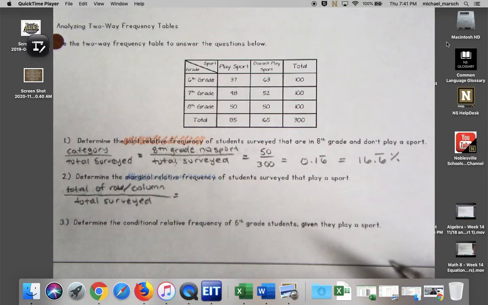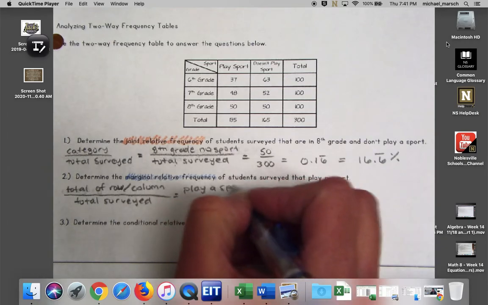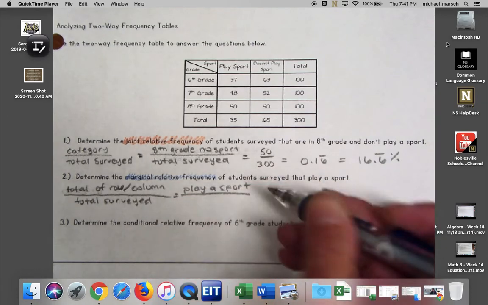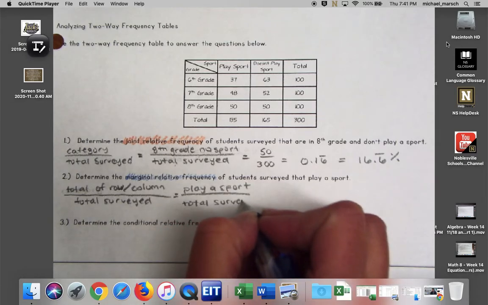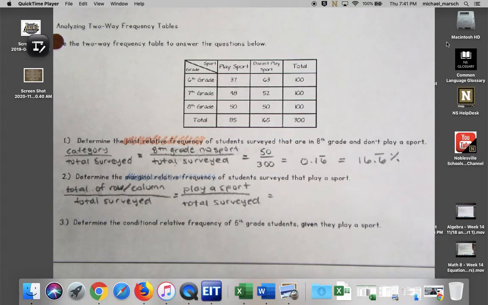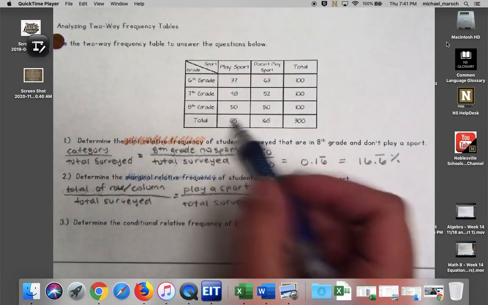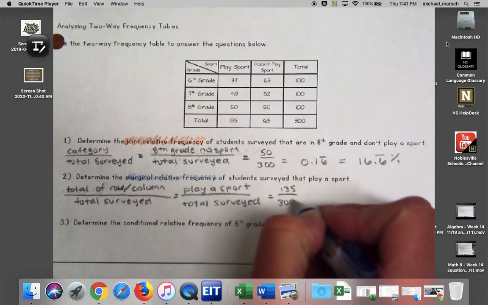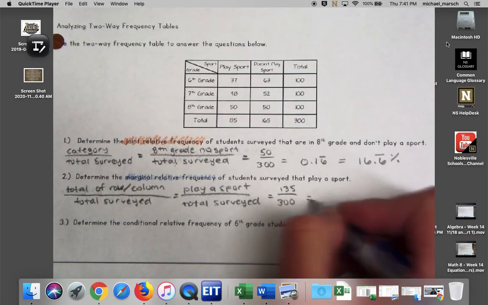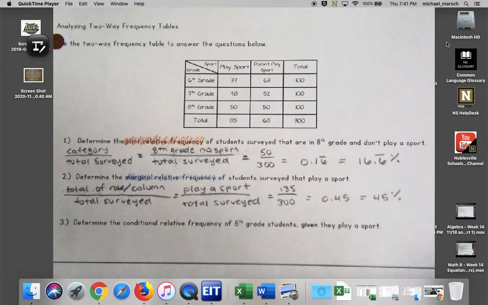My total of row or column is plays a sport over total surveyed. Looking at my two-way frequency table, 135 kiddos play a sport out of the 300 that were surveyed. When I divide that, I get 0.45, which is 45% of the students surveyed play a sport.